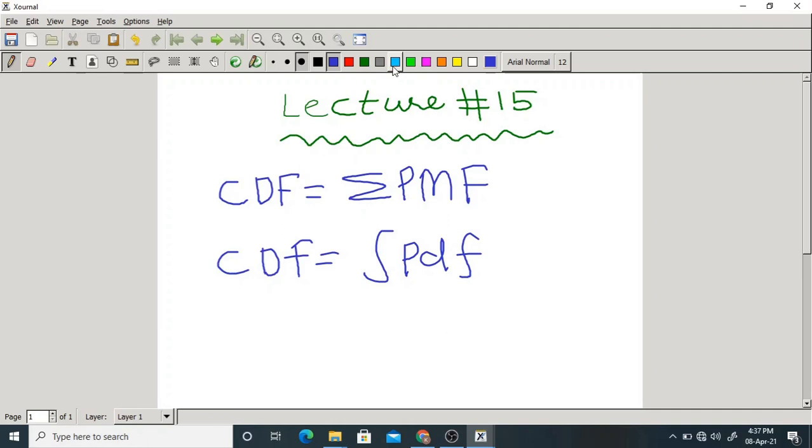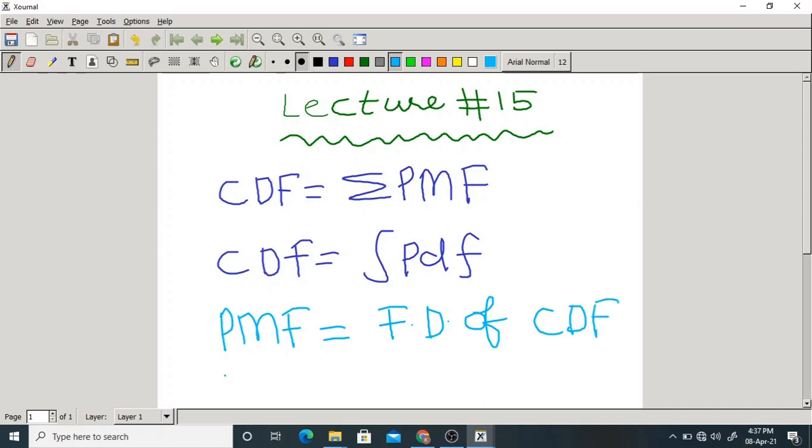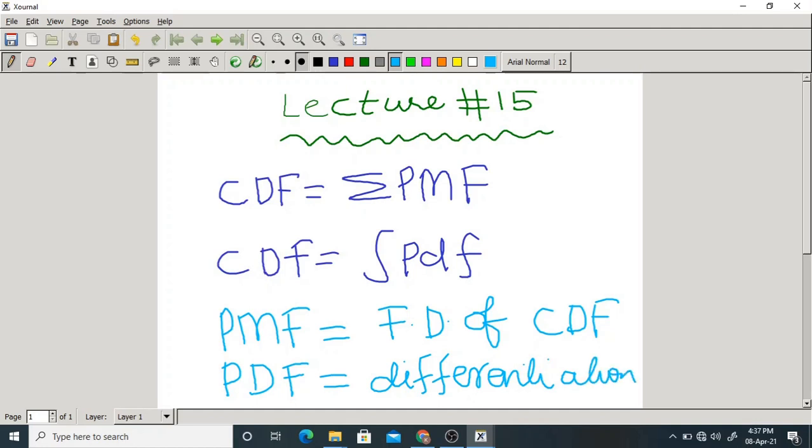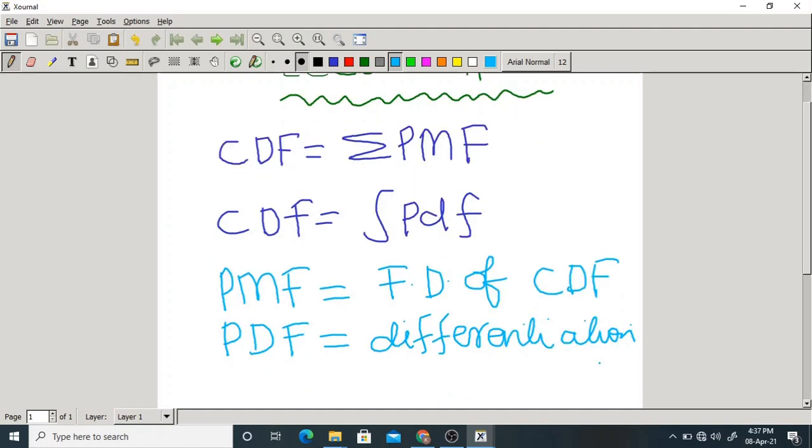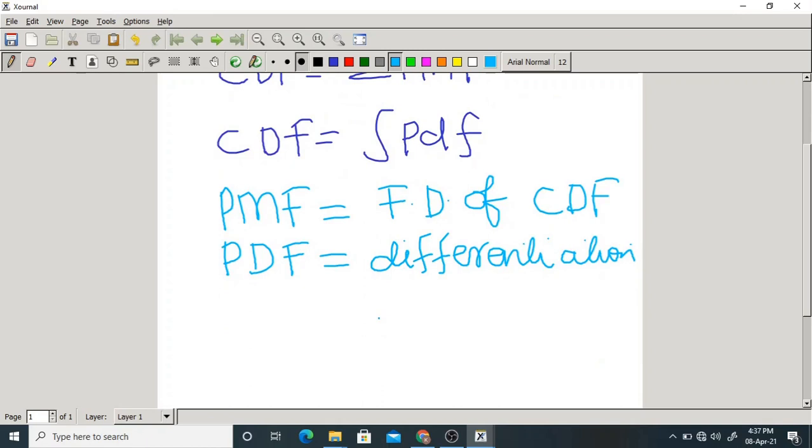What is the other case? PMF is the first difference of CDF. PDF equal to differentiation of CDF.